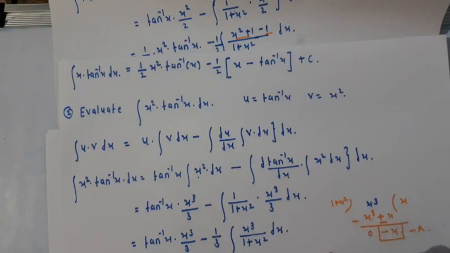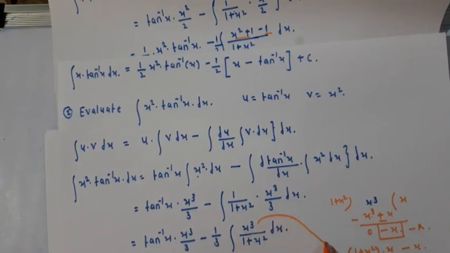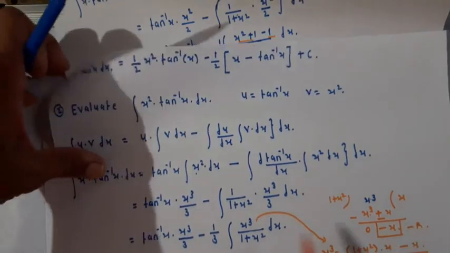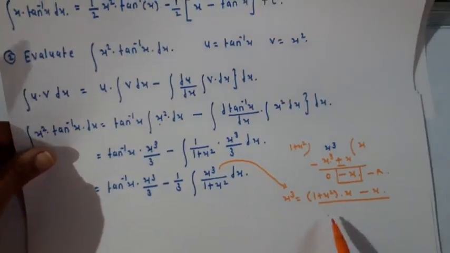Hence x raised to 3 we can write in the form of 1 plus x square into the quotient, plus the remainder, but the remainder is minus x, that's why minus x. Hence, instead of writing x raised to 3, we can write it this way.